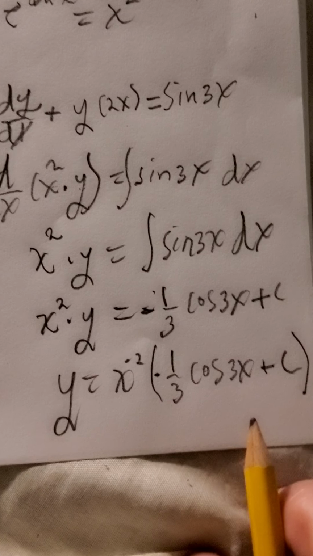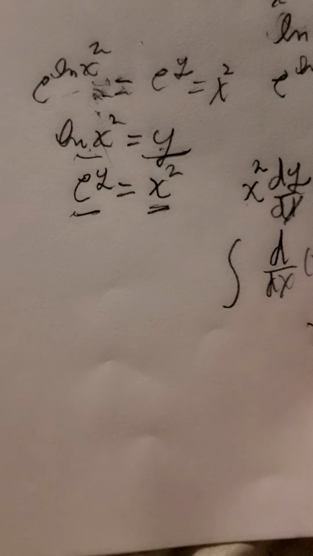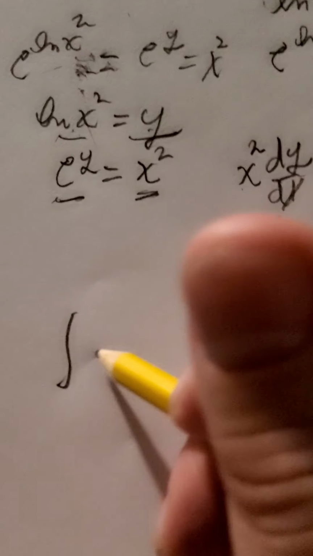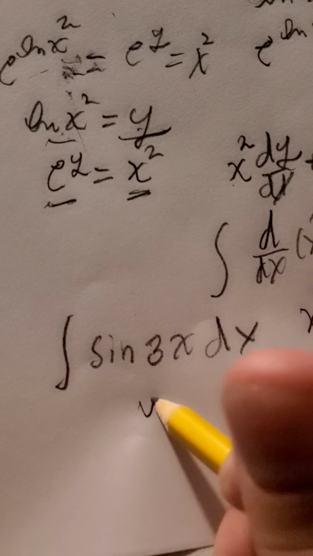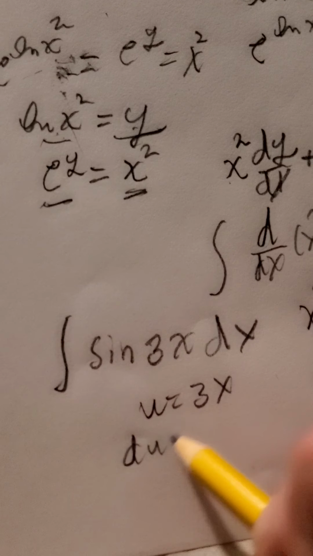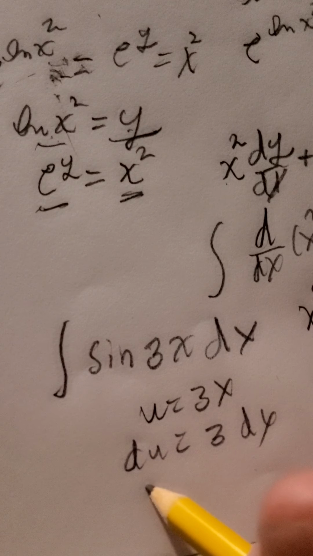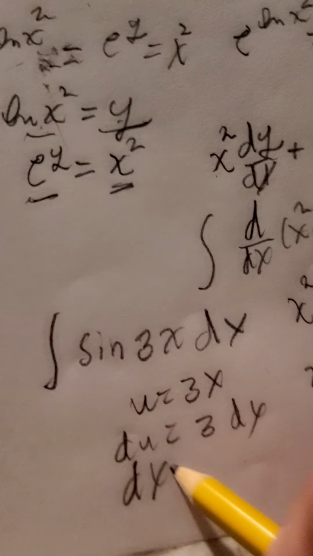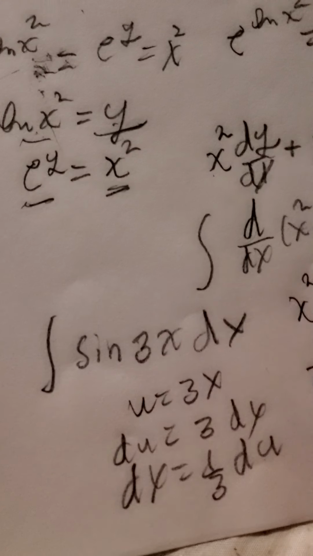And if you're interested in seeing how I integrated this, the integral of sine 3x here, I would let u equal 3x. du equals 3 dx. So that means dx equals 1/3 du.